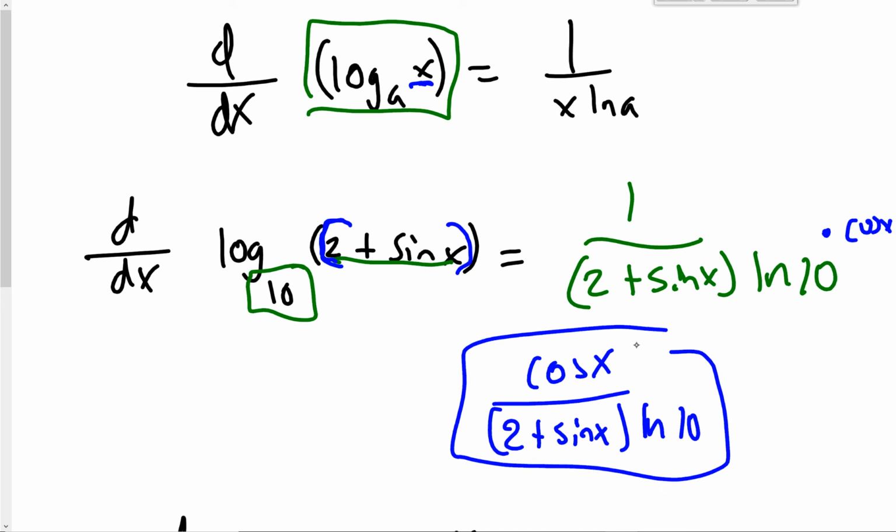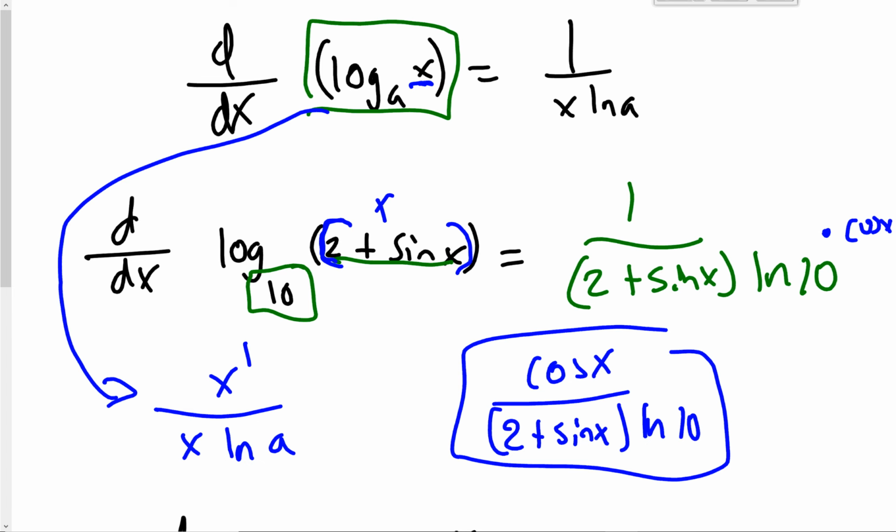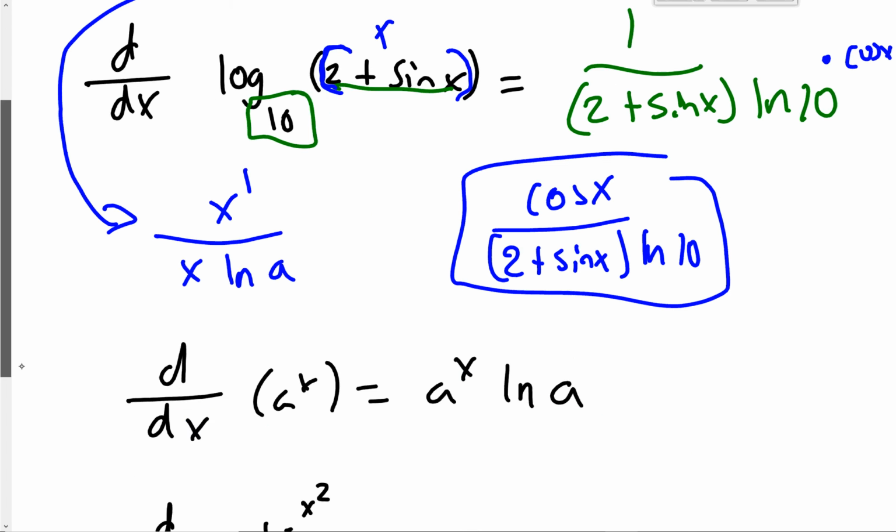So there's my answer to that. So basically, anytime it's not just plain x, you're going to have to do chain rule. So this answer will always be x prime over x times ln of a. This is how this answer would be interpreted other than just x.